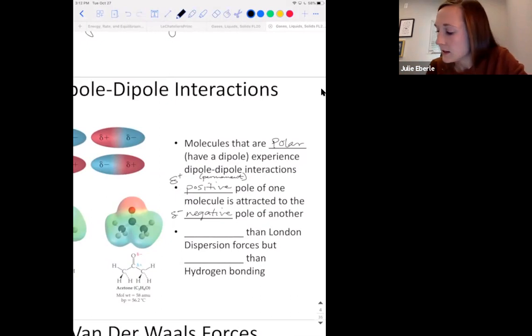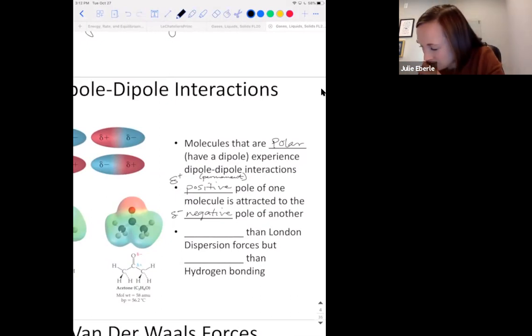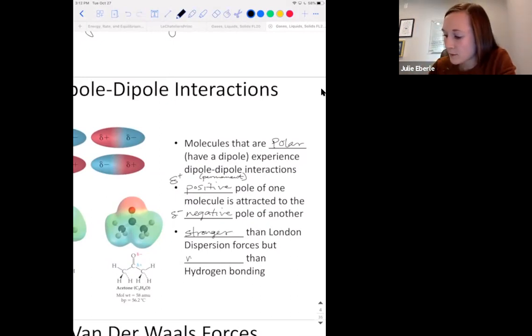They are stronger than London dispersion forces, but weaker than hydrogen bonding. So they're the middleman when it comes to the strength of intermolecular forces.